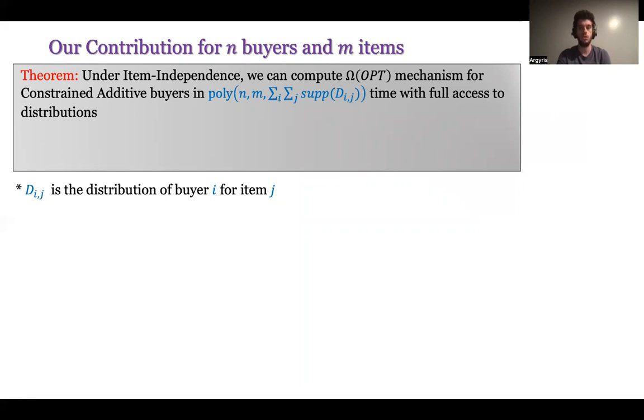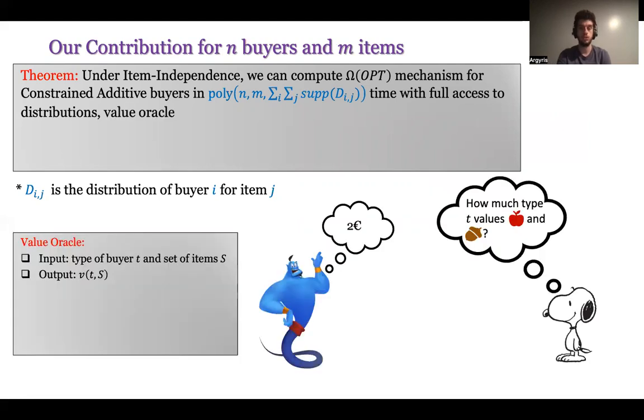We showed that under the item independence assumption, and when we have access to Bayesian distributions with valuations as general as constrained additive, then we can efficiently compute a mechanism with expected revenue a constant fraction of the optimal one. Moreover, we assume we have access to a value oracle.